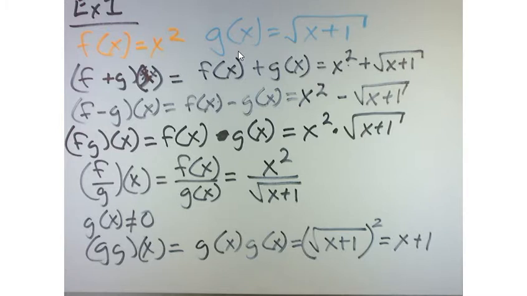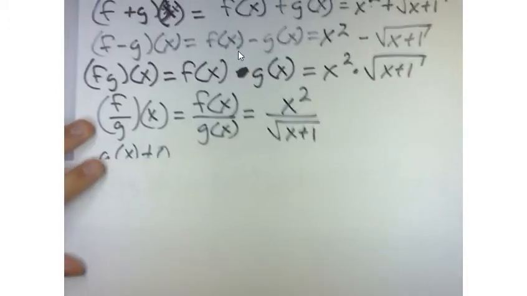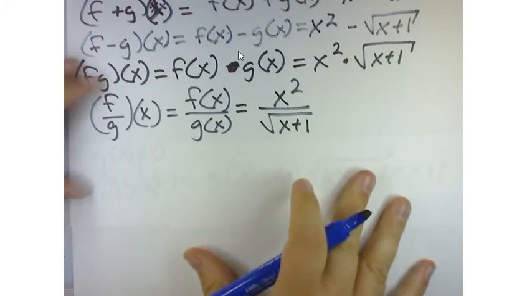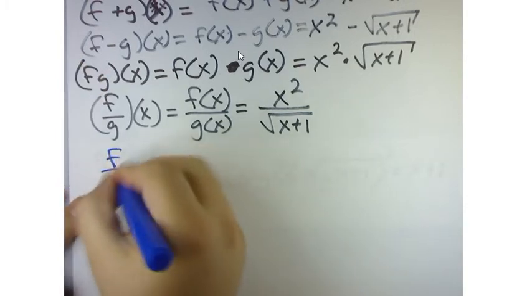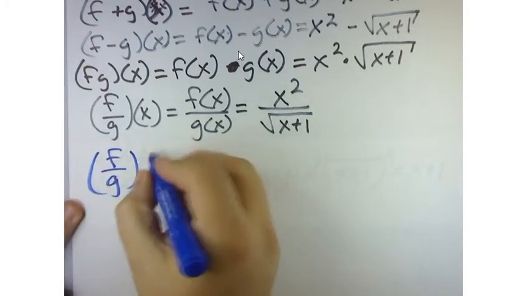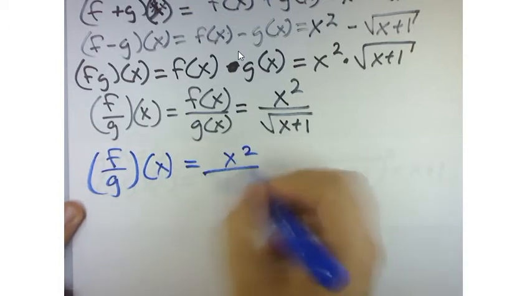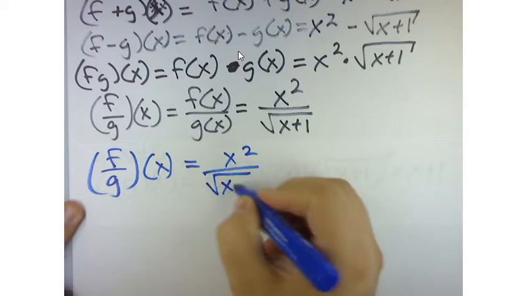Okay, last one. Well, not the last one. Two restrictions now. The restriction still deals with g of x. So when I say f divided by g of x, I get x squared all over the square root of x plus 1.